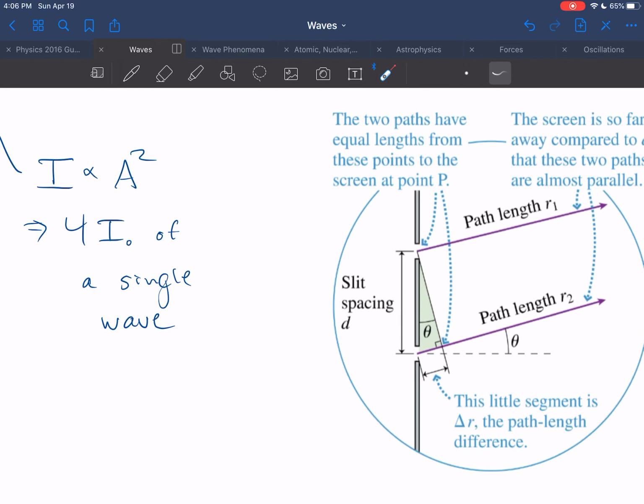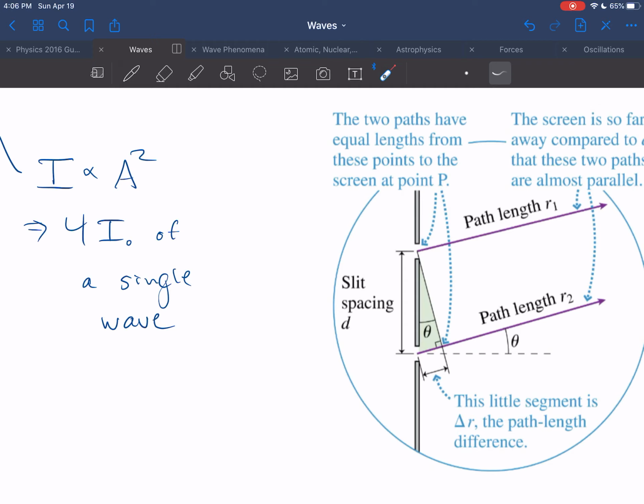The assumption we're going to make is that R1 and R2, the light coming from both slits, are from this perspective basically parallel. They're close enough to parallel when we zoom this far in that we can call them parallel if all we're doing is looking at this diagram right here.